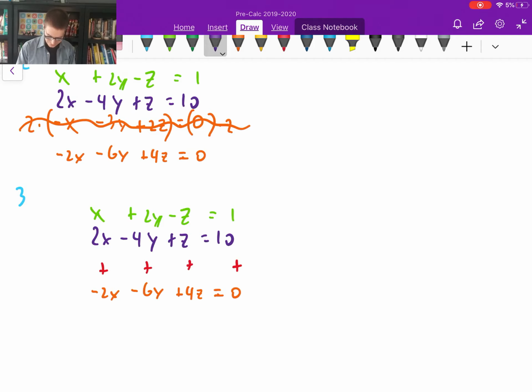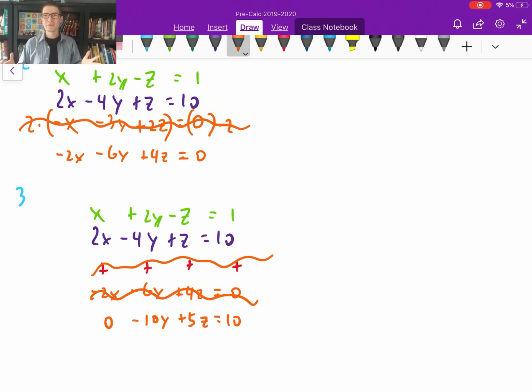That gives us 0. Negative 4y plus negative 6y is negative 10y. And then z plus 4z is plus 5z. And then 10 plus 0 is 10. So that becomes our new orange equation.